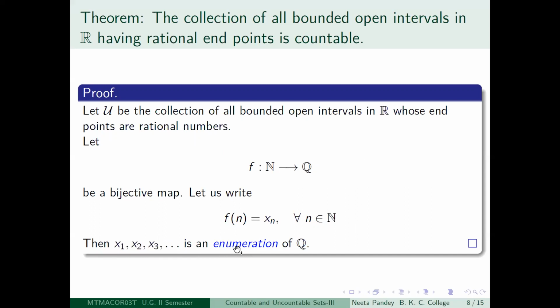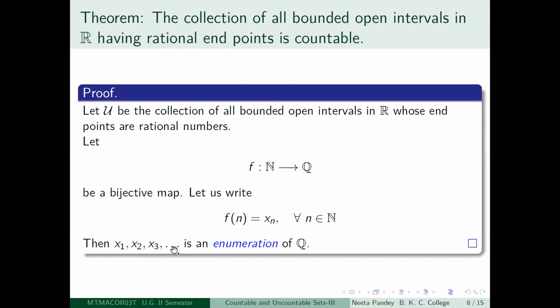All right. And kindly note that this doesn't mean anything like x1 is less than x2 less than x3 or anything like that. Because you know that between any two rational numbers, there are infinitely many rational numbers. So there is simply no possibility of listing the first rational number and then writing down the second rational number and so on.